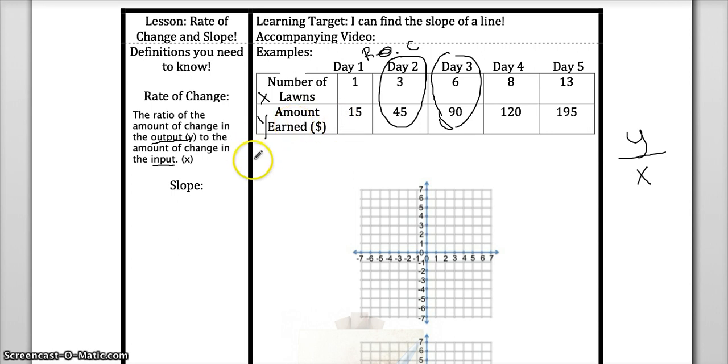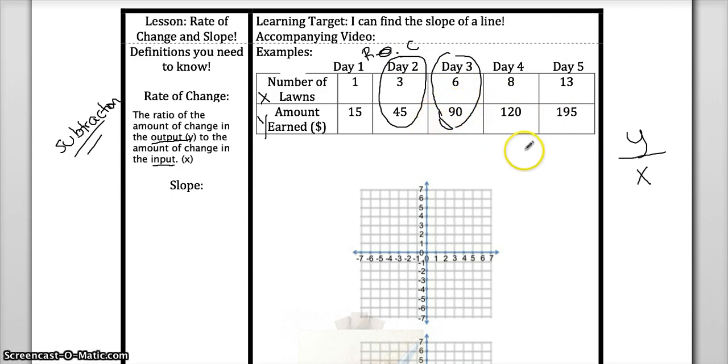So it's the rate of change. Well, the rate of change always has to do something with subtraction. So I'm going to write that over here so you don't forget. It has something to do with subtraction. And I already decided that I'm going to use day 2 and day 3 to compare. So I need to find the rate of change in my y's.